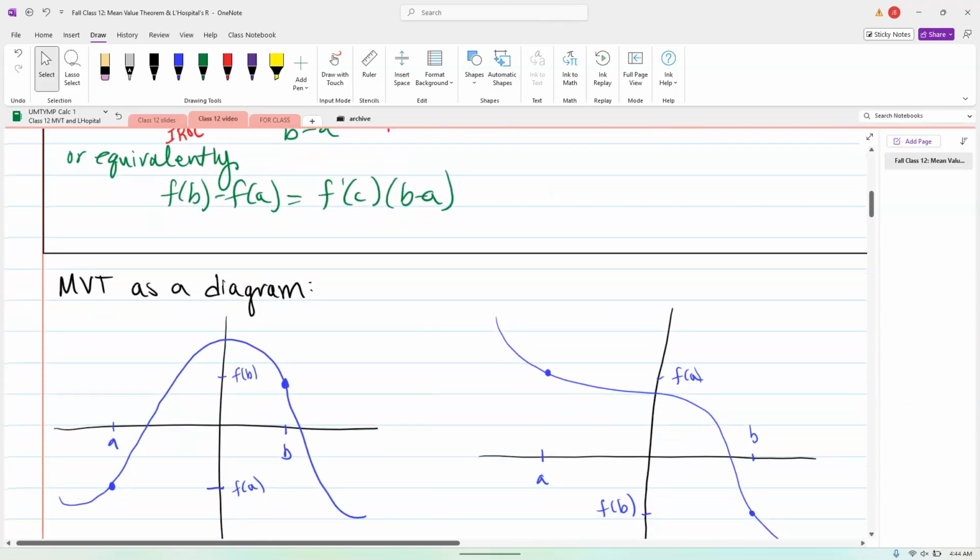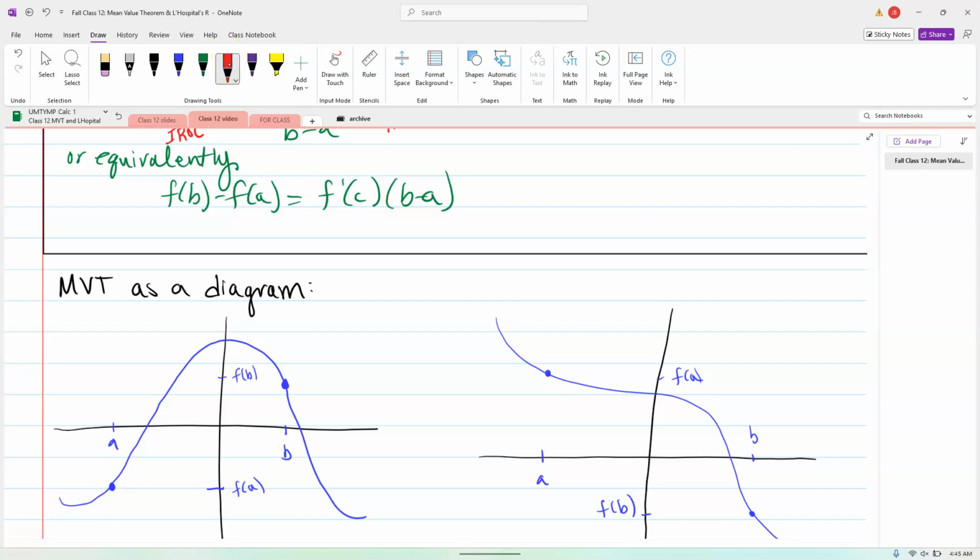And if we want to sketch this, if we imagine these curves here, I'll do the average rate of change first. The average rate of change would look something like that, and I'm going to draw a good line. The slope of this line would be our average rate of change. Then we just have to find a point c.